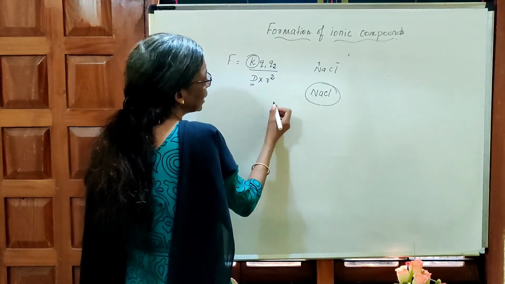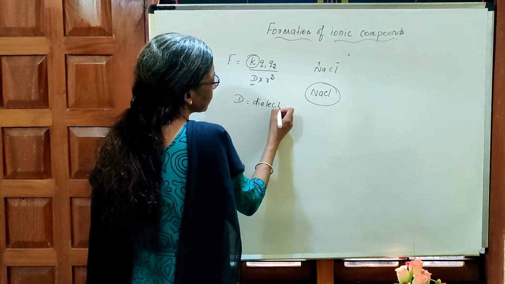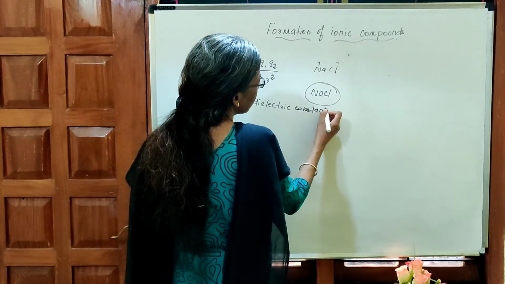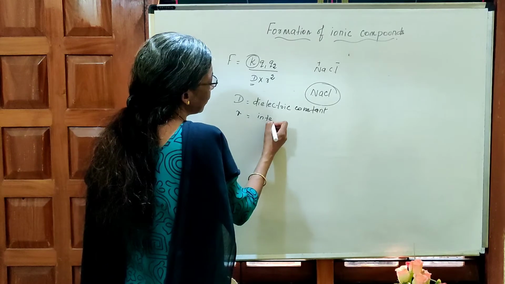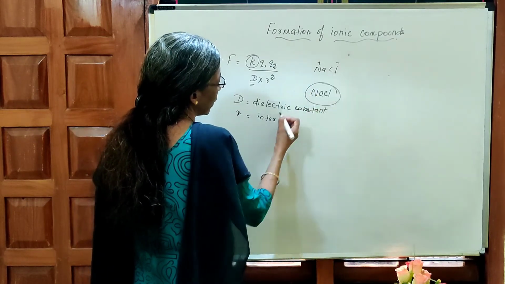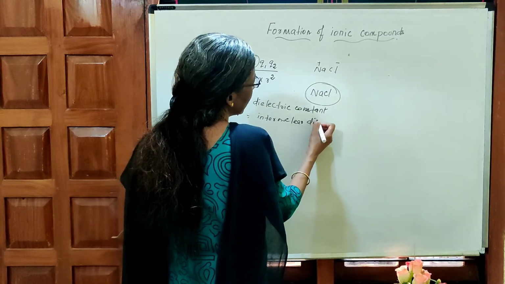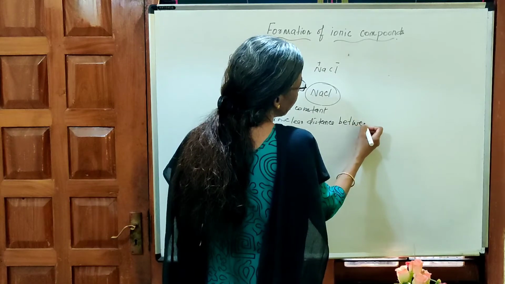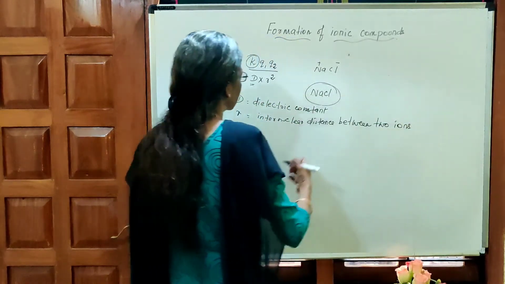D is the dielectric constant. R is the internuclear distance between the two ions.